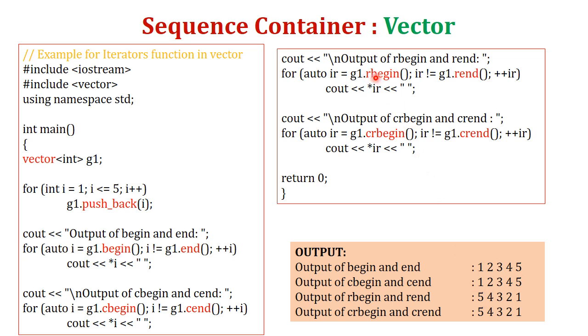Because rbegin starts from the end, the control then moves to the beginning. First 5 it will print, then 4, then 3, then 2 and 1. And the output of crbegin and crend will show the same result because we start from the end of the vector and move towards the beginning of the vector.